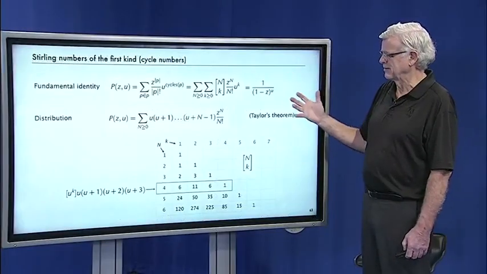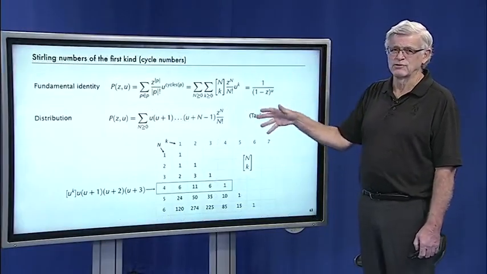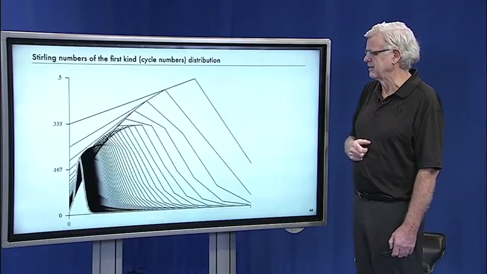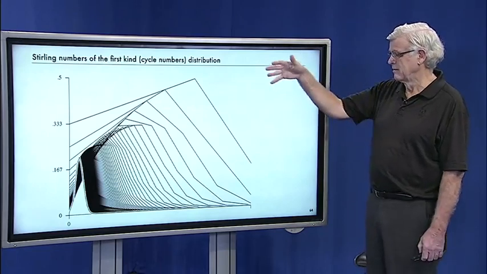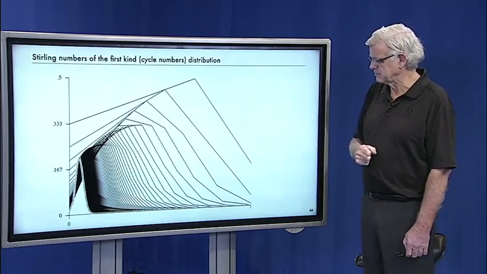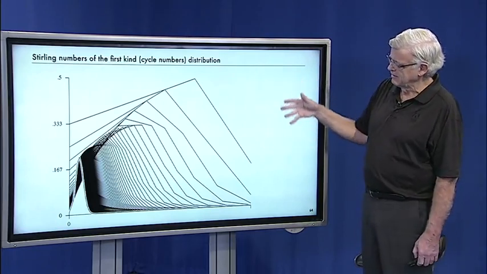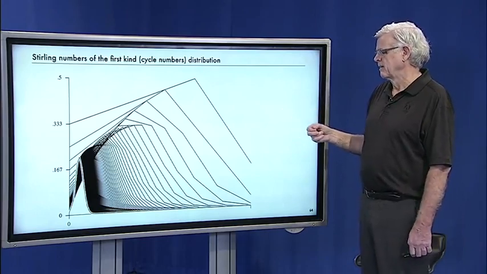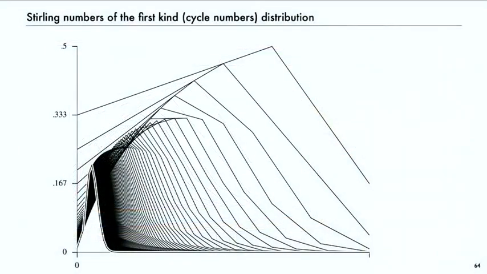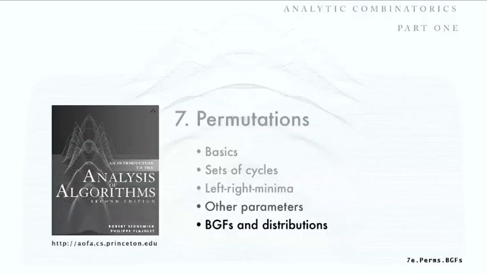I just wanted to point out that this kind of structure has been studied in a great deal of detail. In fact, here's a distribution with rescaling by n, and one of the results in analytic combinatorics, we try to learn about limiting distributions in situations like this, and actually can show that this distribution is normal in certain ranges.